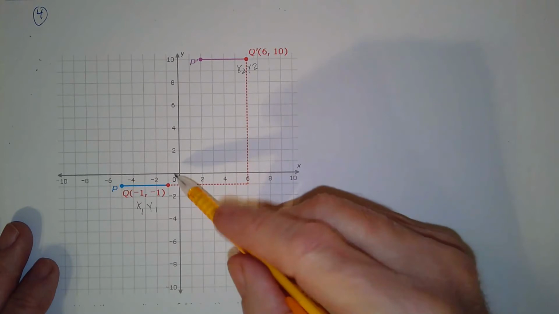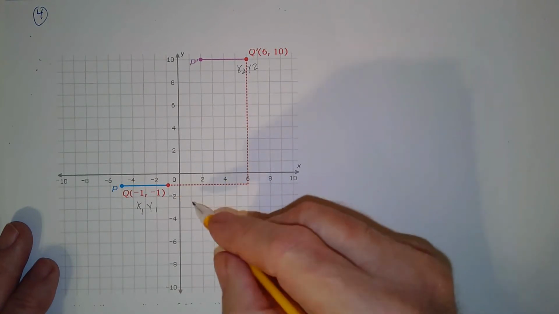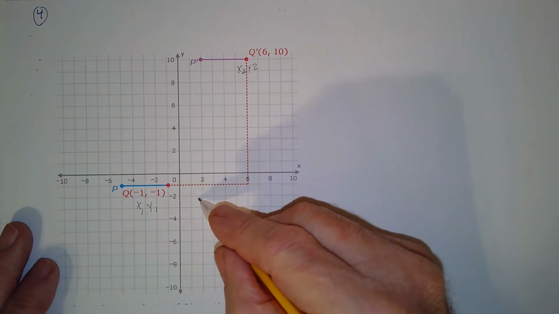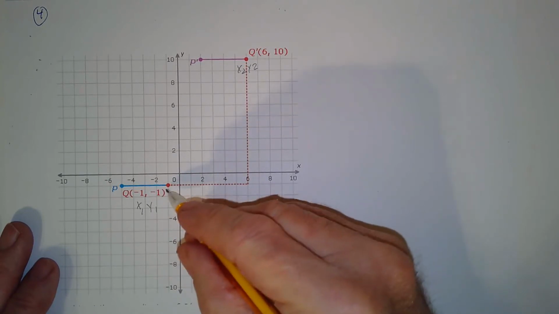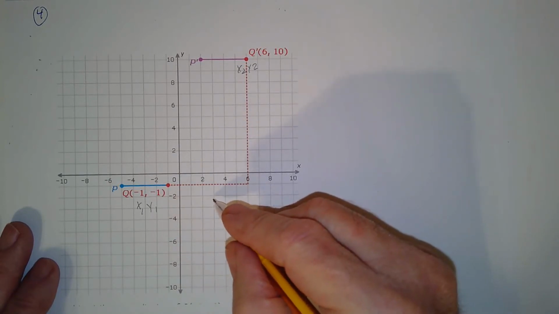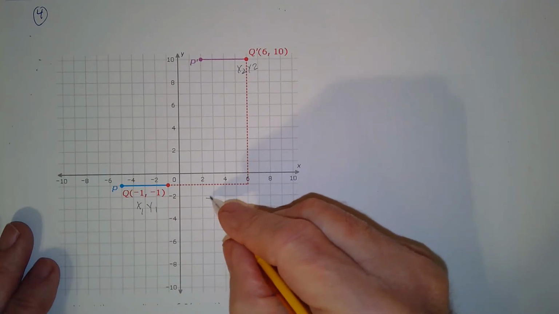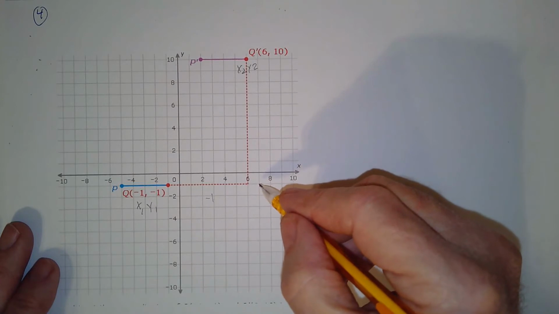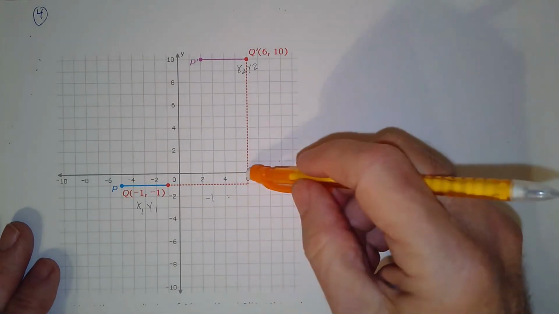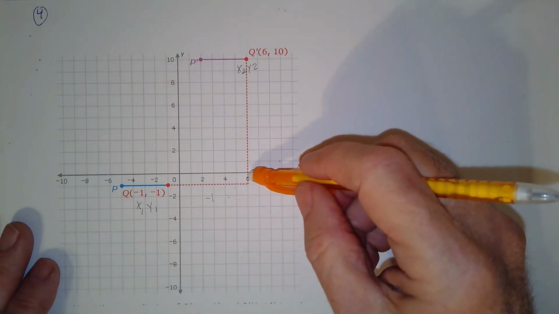Okay, so if you look at that, basically what you're doing is you've got a coordinate of X is -1, Y is -1, and you've got a coordinate over here of X is 6.